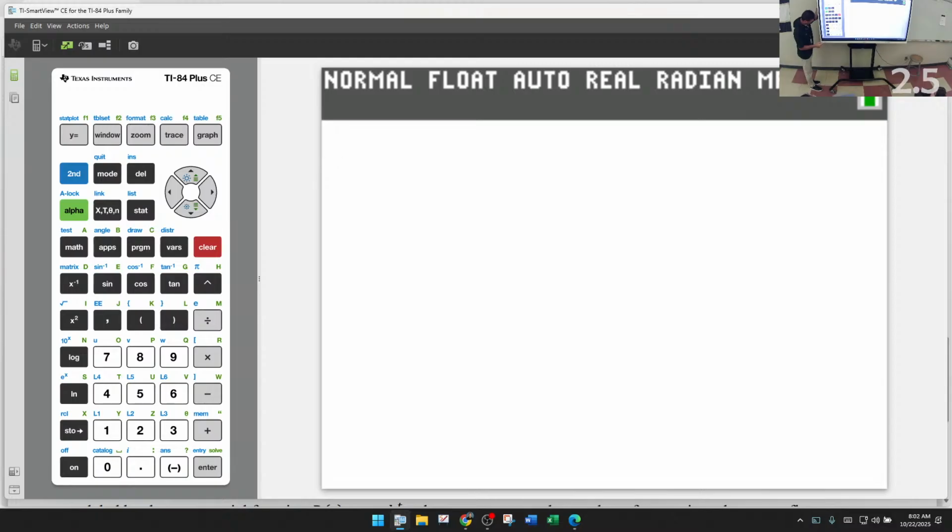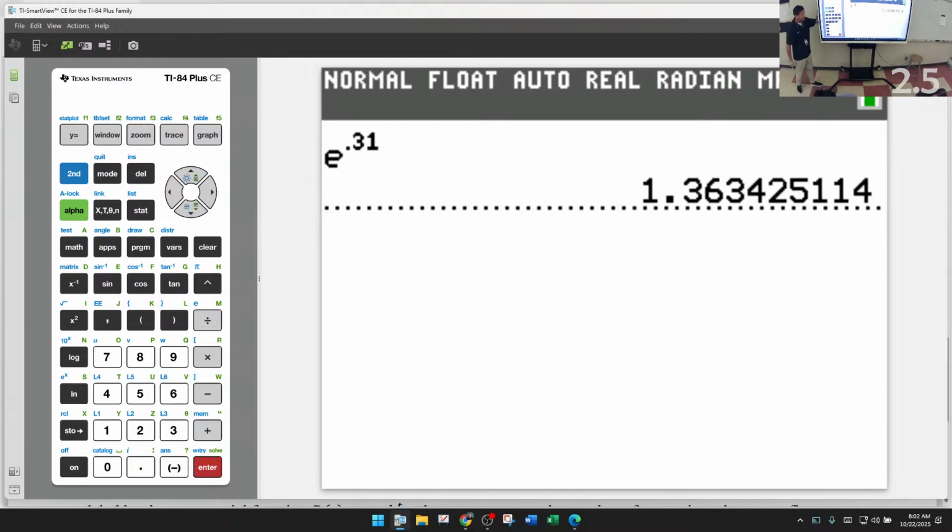So e is natural log. Second, natural log. There's your e to the. If you don't like that, there's another e on here also, but that's an uppercase E. So 0.31, hit enter, and that's your value of b. Make sure you give 3 decimals. I like 4. 4 is safe. 3 is pushing it.